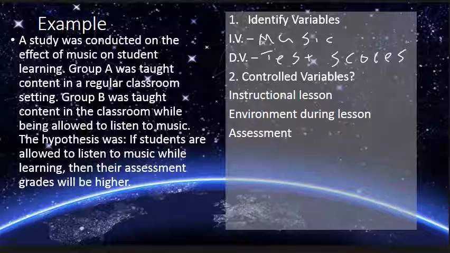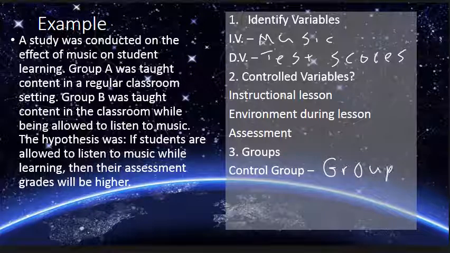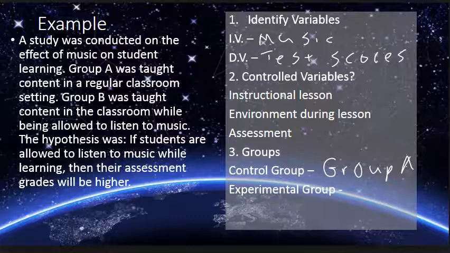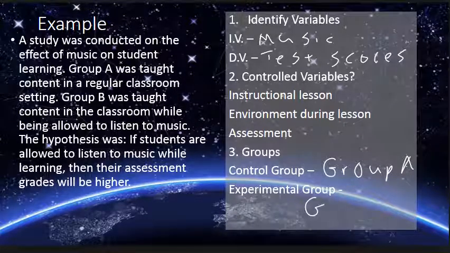And then, of course, the assessment the students are given, the test they're given, has to be the exact same test. Now you look at your groups. In this case, the control group is the one that's not getting the music, so that's going to be Group A. And then your experimental group is Group B.